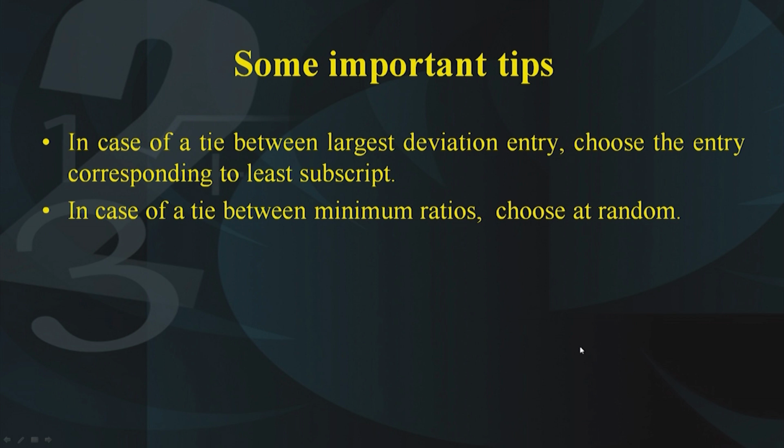That is, if there are two variables, for example x1 and x6, both having the same entry in the deviation row, and it is not possible to decide which one should be allowed to enter into the basis, then it is important to choose the variable with the lower subscript.